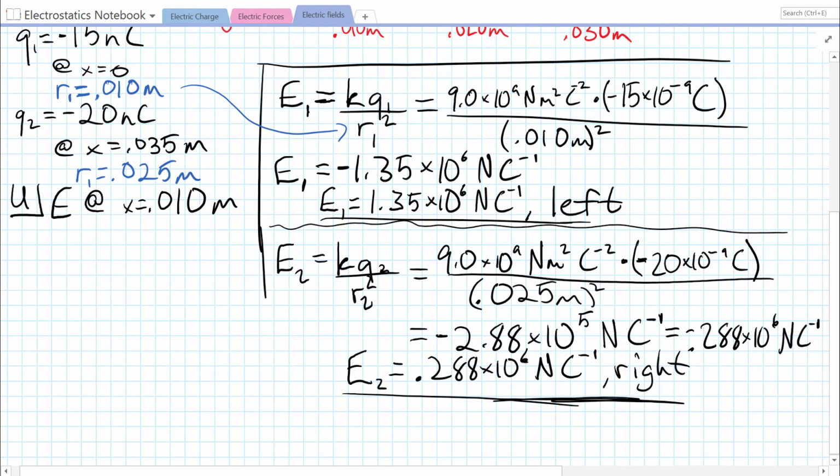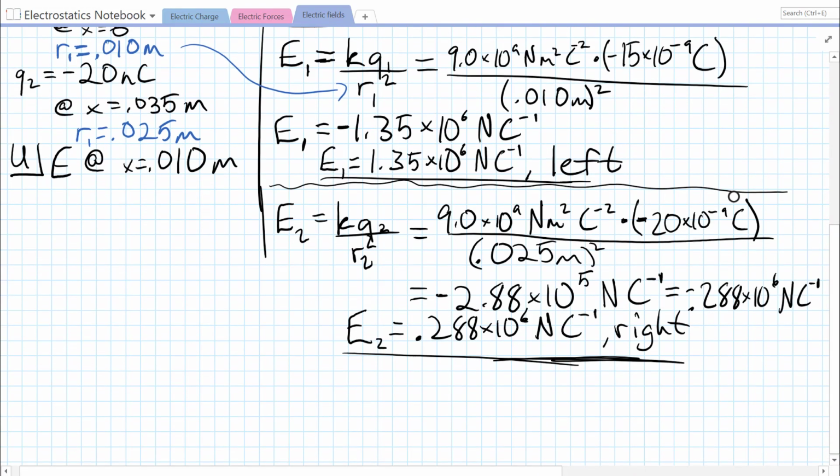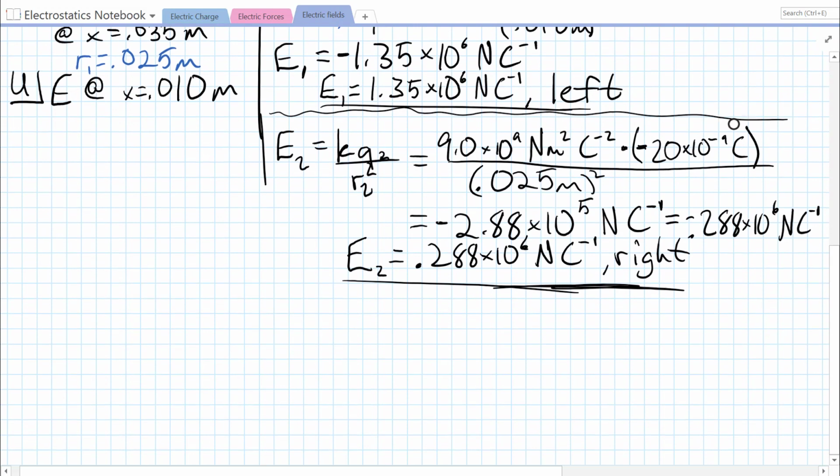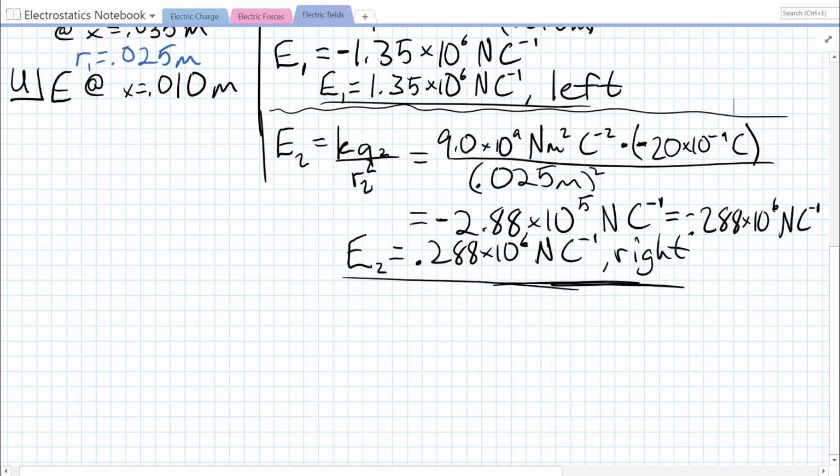Now we need to find the total electric field. We have one electric field from charge 1, one electric field from charge 2. The total is just going to be the vector sum. So I can sketch out a little vector diagram to find the total electric field. E total is equal to E1 plus E2 if these are all vectors.